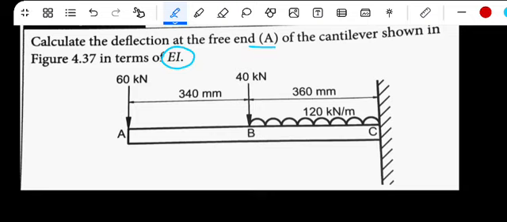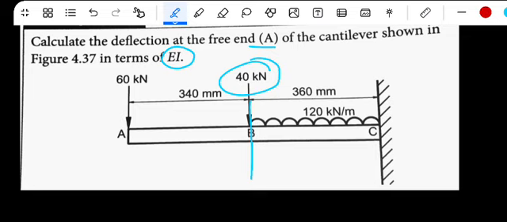We want to find the total deflection, so you must be wise. We have 2 point loads here. We have this one at the free end, which is the normal one. We have the second one here at B, which, since it's not at the end, will have an additional deflection of its own.